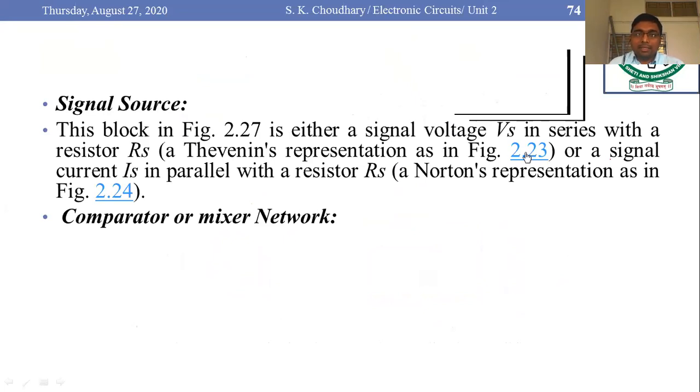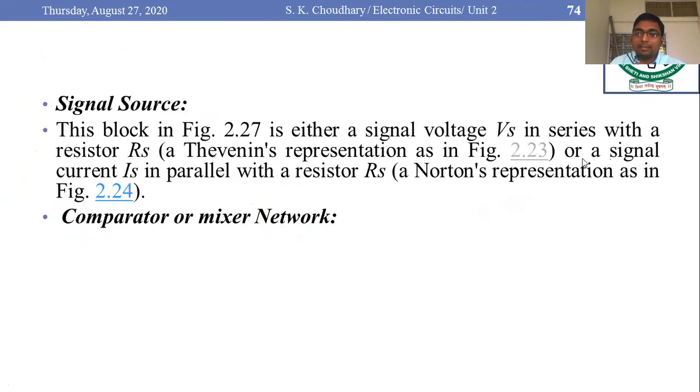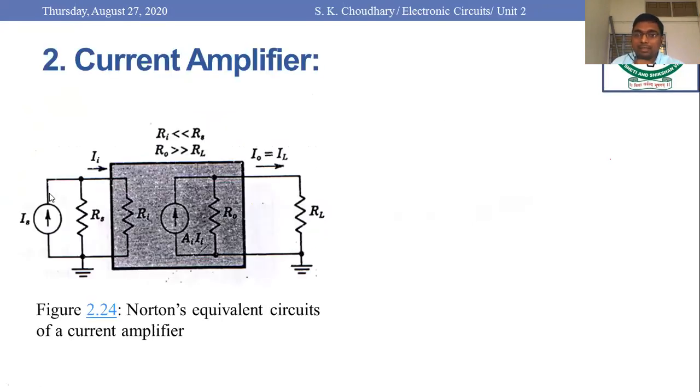You have seen this signal source in the previous discussion of the voltage amplifier. So the signal source would be like this, Vs in series with Rs. It is one of the possibilities. What is the second possibility? A signal current Is in parallel with Rs. This is the second possibility, like a current amplifier input network.